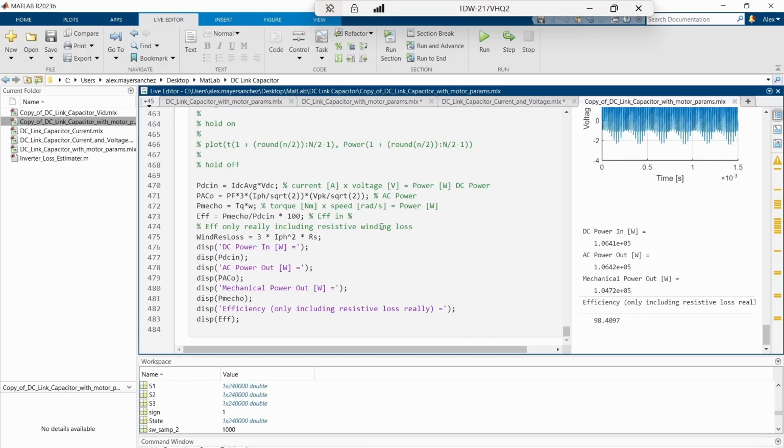And then at the end, I'm just multiplying the DC power in and the AC power out and the mechanical power out, and then we're calculating the efficiency again, only really including the resistive losses of the windings. And that's why I want to make a fourth part covering inverter losses, or at least an estimate of inverter losses. But yeah, I guess I'll just end it here.